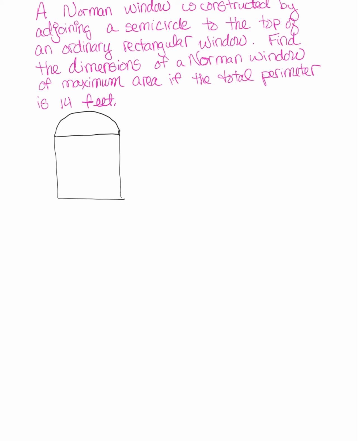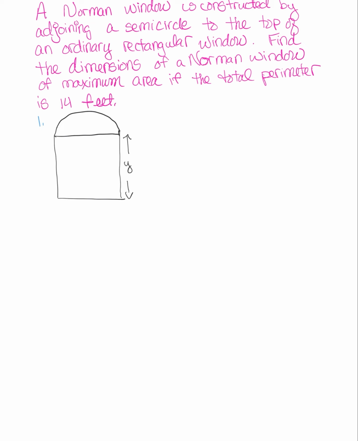All right, so first thing we're going to do is draw a picture, which I already drew this part of the Norman window. We're going to call this Y. All right, now let's do the very first thing we would do, like I said, is to draw a picture.